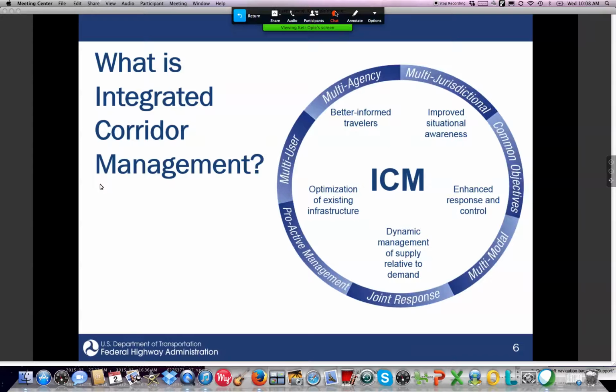Because we're often, especially in this part of the world, in the Northeast, becoming more prohibitively able to actually expand our roadways, so we have to focus more on managing it more efficiently.